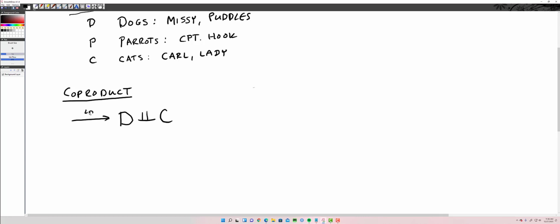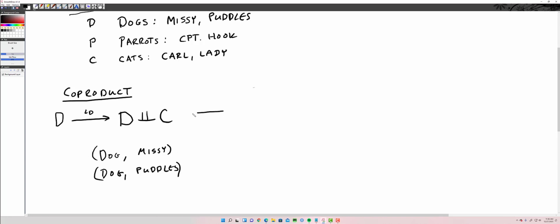We're going to include all of the elements of D. That's going to give us dog and Missy, and dog and Puddles. So we're listing the two dogs that she owns.